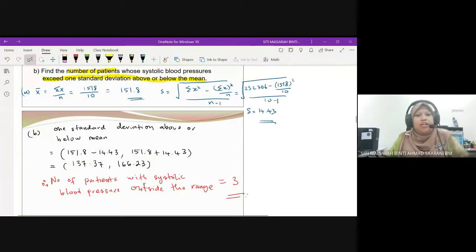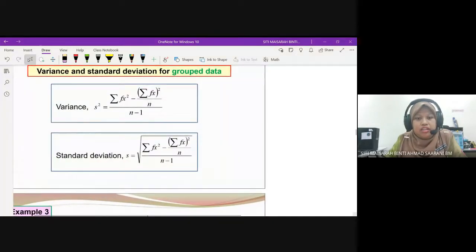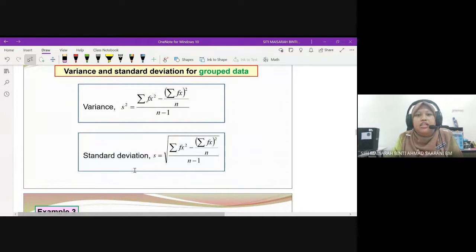Okay. Alright, so this is question number 2. Example 2. So now kita move kepada variance and standard deviation for group data. Notation dia sama je, S square dengan S. Variance is S square, but the formula for variance for group data is sum fx square minus sum fx square over n minus 1.